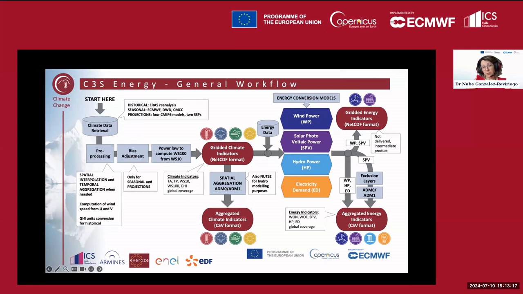Then, coming from the climate indicators, we also use energy data inputs in the energy conversion models. The output of that is the gridded energy indicators in NetCDF format, but we also aggregate them spatially, and we have the aggregated energy indicators in CSV format. But before doing this aggregation, we apply some exclusion layers in order to avoid those zones in which it is not possible to have installations.